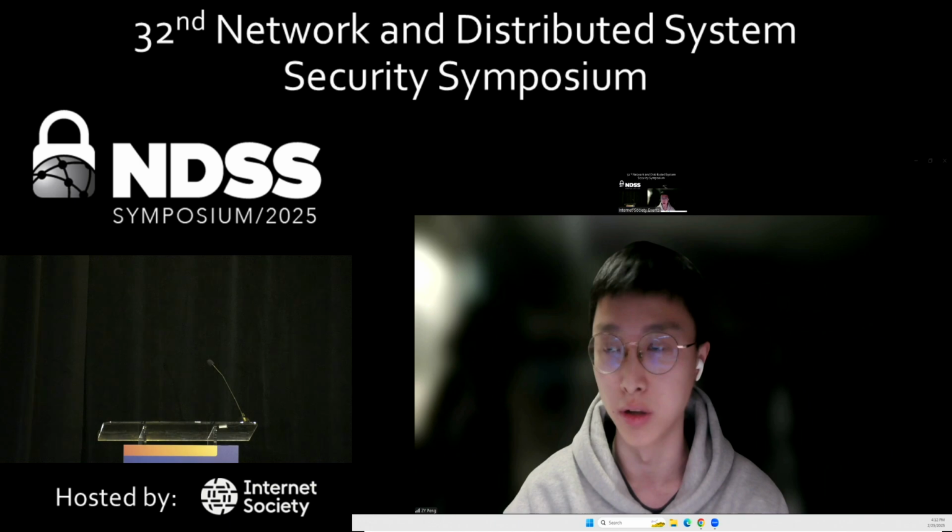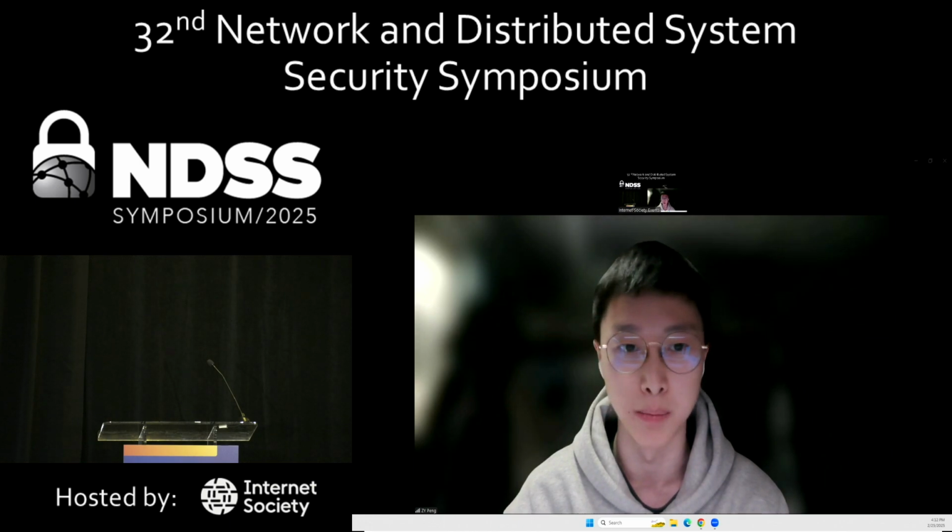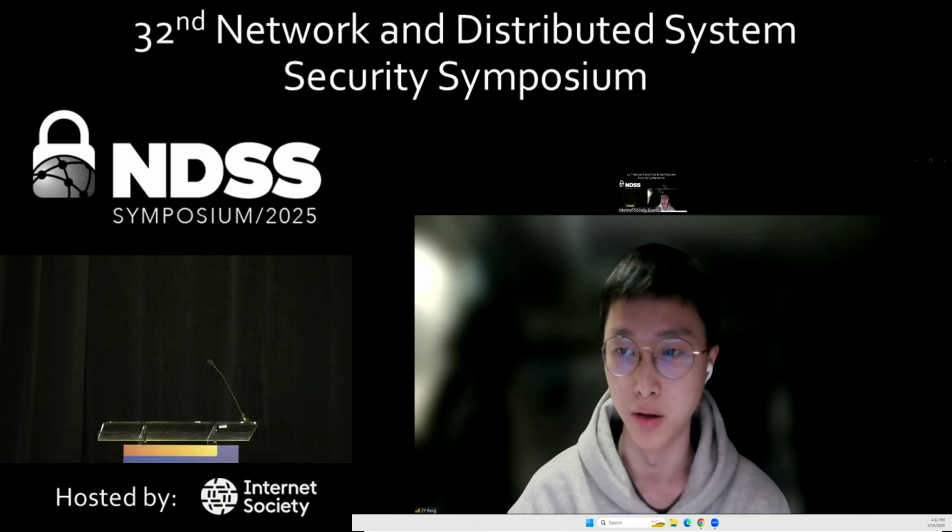Based on this, the previous Eclipse attack methods are not applicable to Monero. So we researched the transaction propagation strategy used in Monero and other mechanisms in Monero, and we proposed a new Eclipse attack.